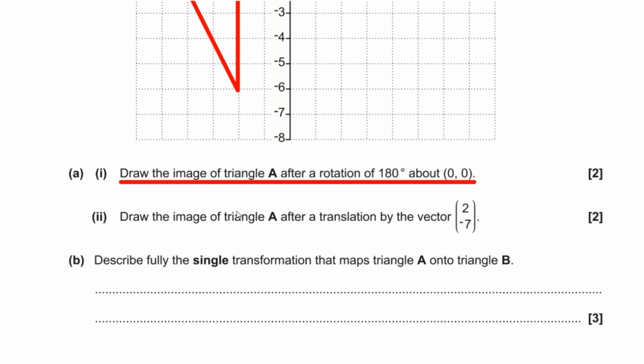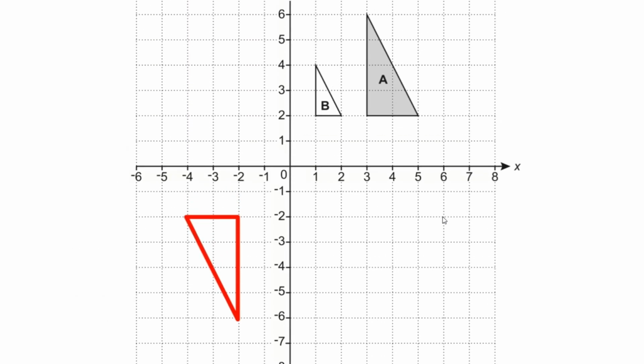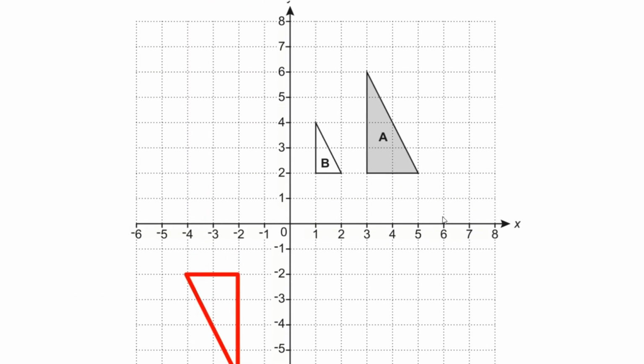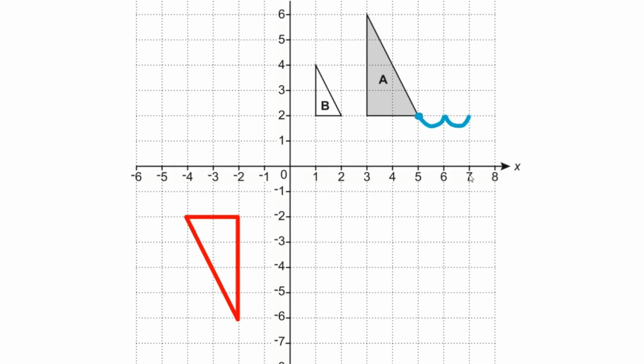Next, we have to draw the image of triangle A after a single translation by the vector (2, -7). So, if I pick a point, say here, I go 2 across and 7 down.